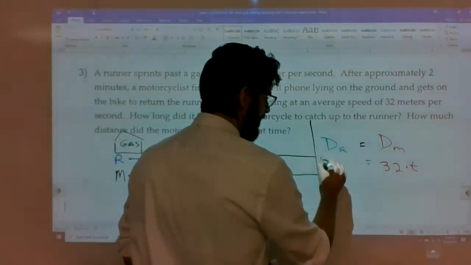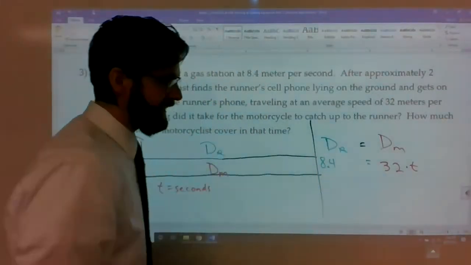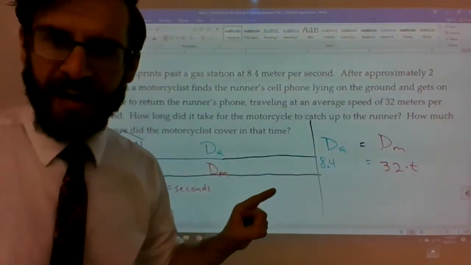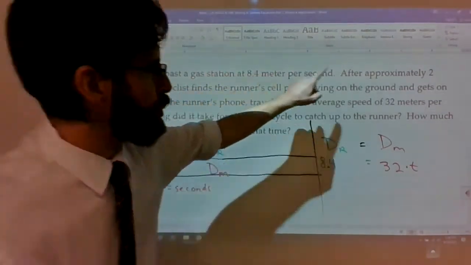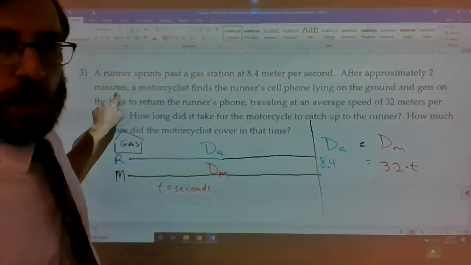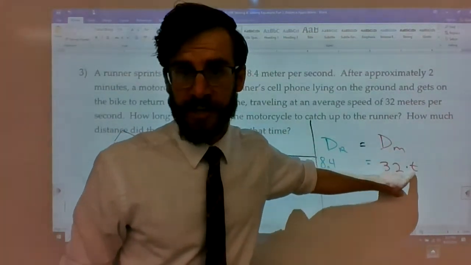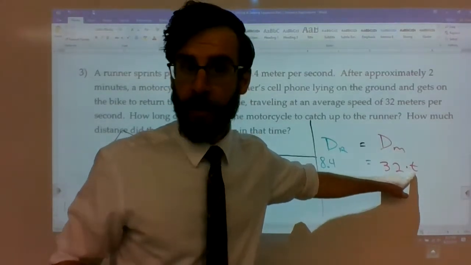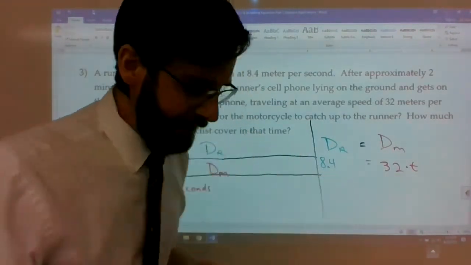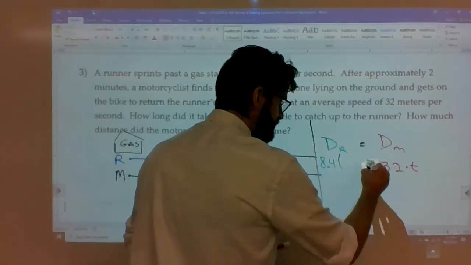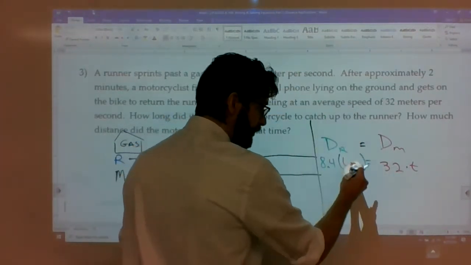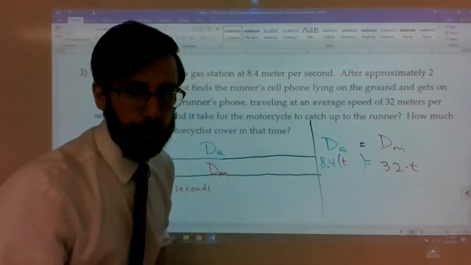The runner's going 8.4 meters per second, but the runner has been traveling 2 minutes longer than the motorcyclist. So if I'm saying the motorcyclist's time traveling is t, I have to say that the runner's time is the motorcycle's time plus 2 minutes.